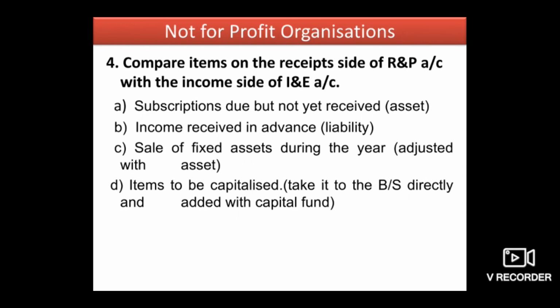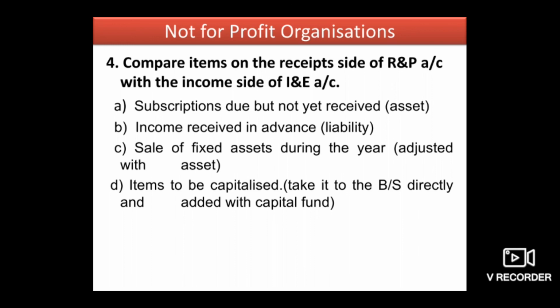Fourth point, compare items on the receipt side of the receipts and payments account with the income side of the income and expenditure account. After recording the above items, we compare these, and this comparison will give us the following items that should be recorded in the balance sheet.